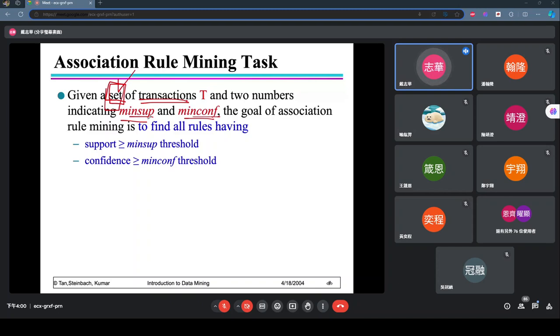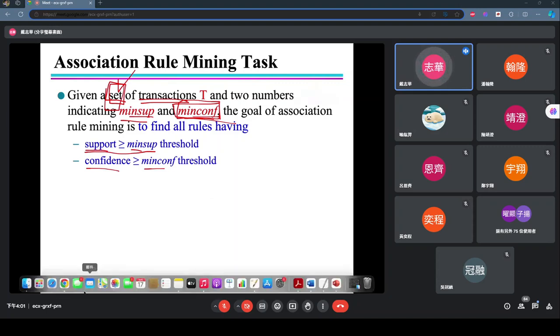However, I would explain why minimum confidence helps to reduce the search space of the rules later in this lecture. Given the two, we find all rules that satisfy the criteria: the rule has its support larger than minimum support, and its confidence larger than minimum confidence. This is association rule mining.